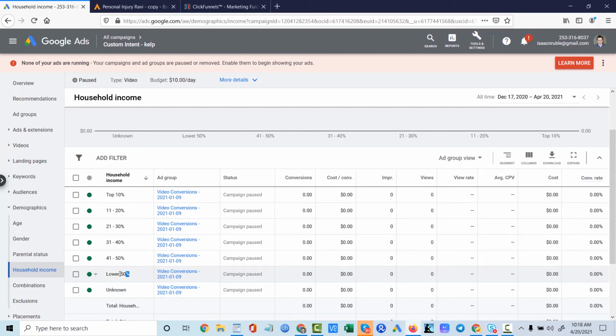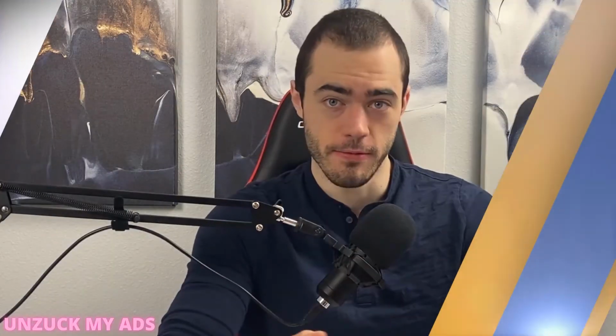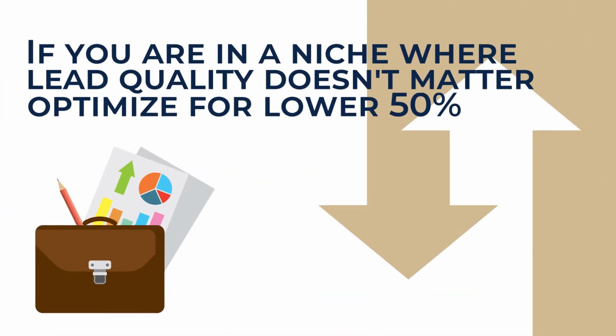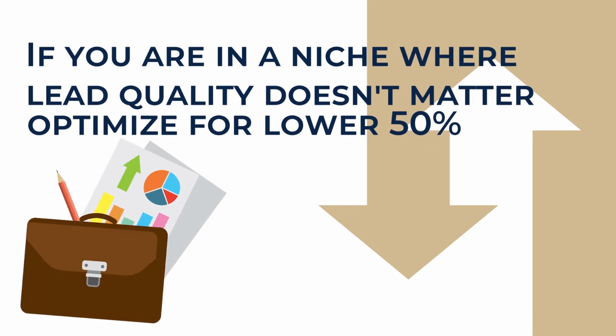Because a lot of the population falls into the lower 50% of income. And if someone is presenting as an unknown income on Google, there's a good chance they're falling into that lower 50. So let's break this down. If you're in a niche where lead quality doesn't matter and lower 50 is a high performer for you, awesome. Optimize for lower 50.